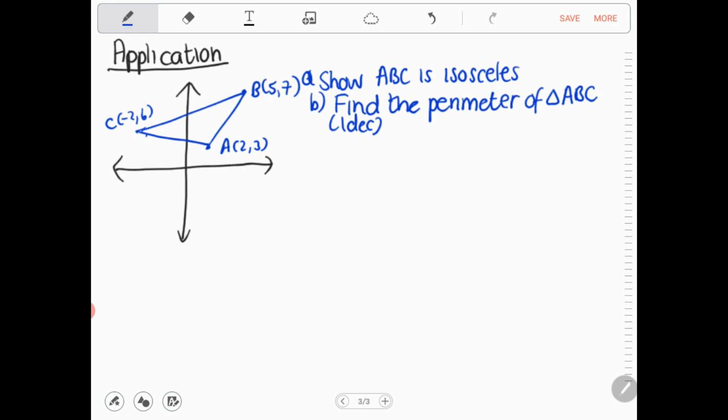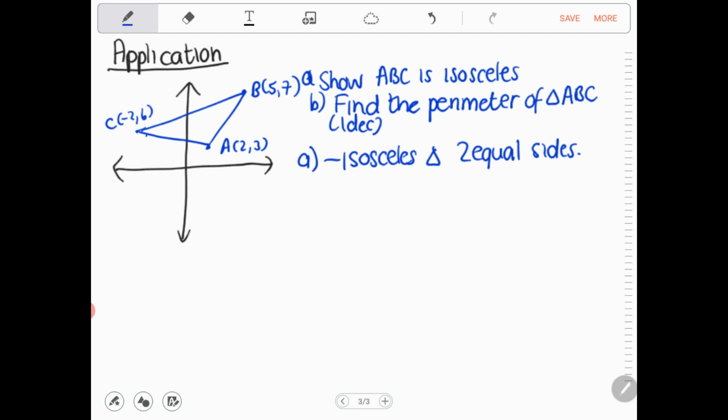Okay, so now to show that ABC is isosceles, we are going to have to prove that it's got two equal sides. So we're going to find the length of the sides and show that two of them are equal to each other.